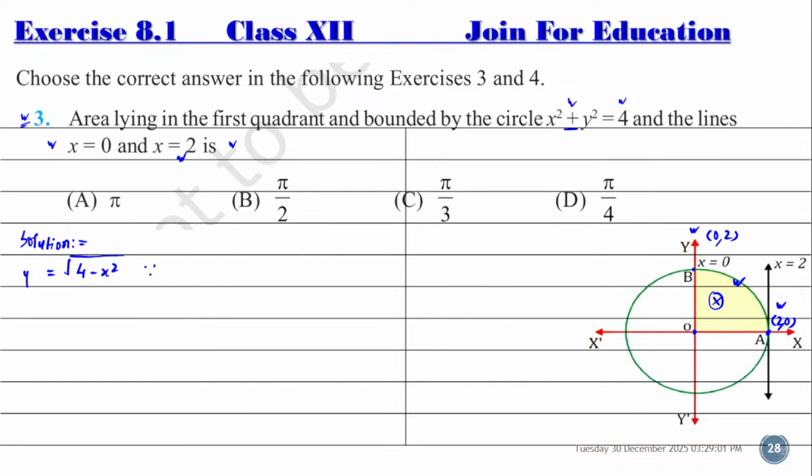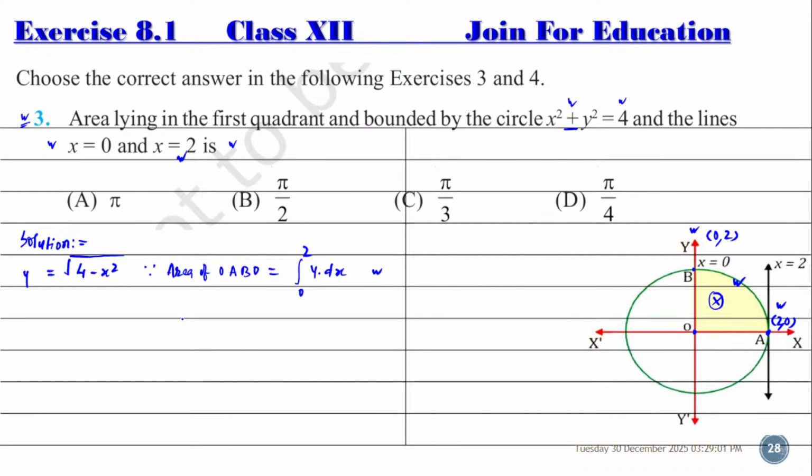So the area of OABO equal to, here will be y into dx, and dx changes from 0 to 2. We write down here 0 to 2. After there is no problem to understand up to this step.